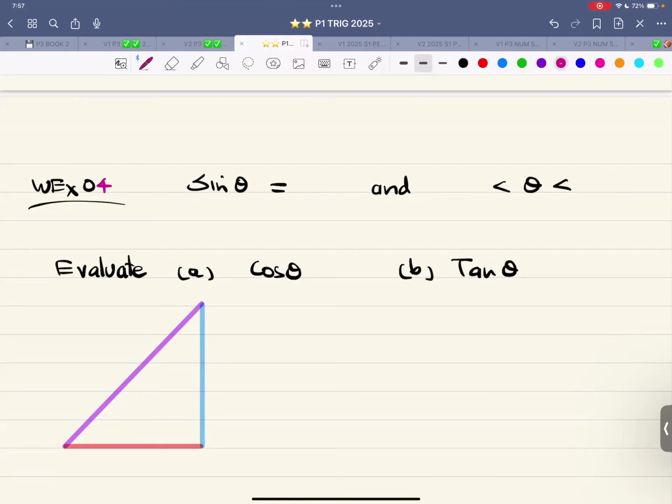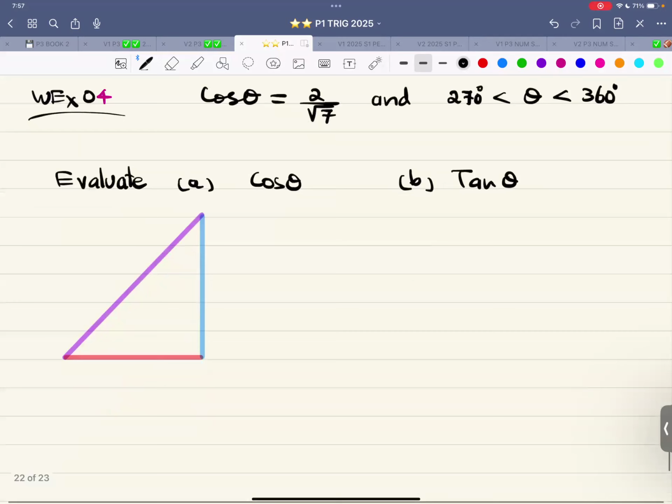Worked example 4, and I can even work with cosine. So therefore, cosine of theta is equal to 2 over root 7. And theta is in the fourth quadrant between 270 degrees and 360 degrees. I want to evaluate cosine and tangent.